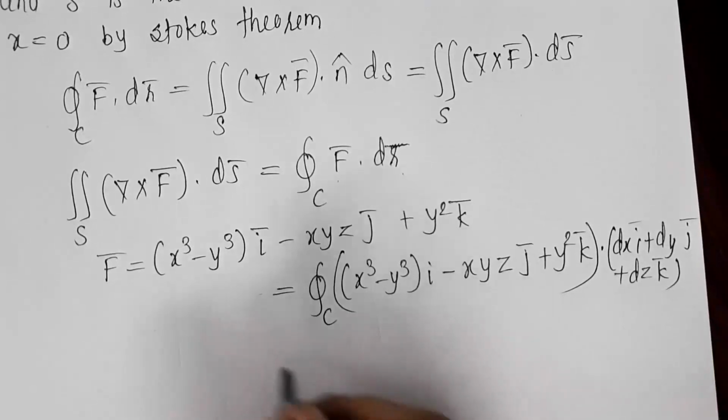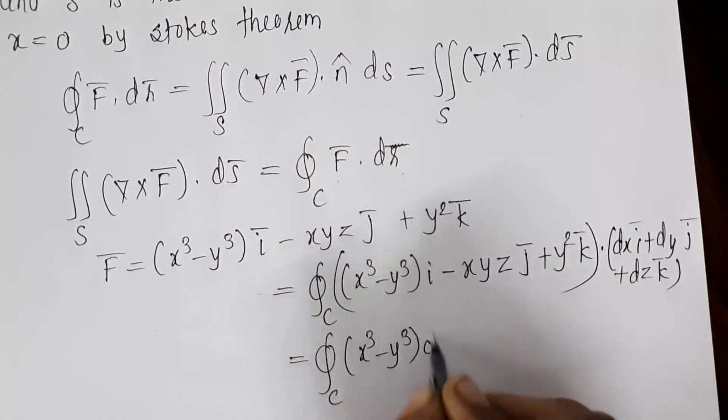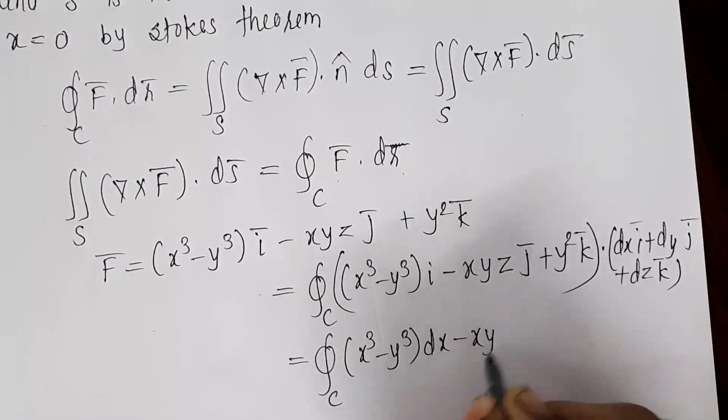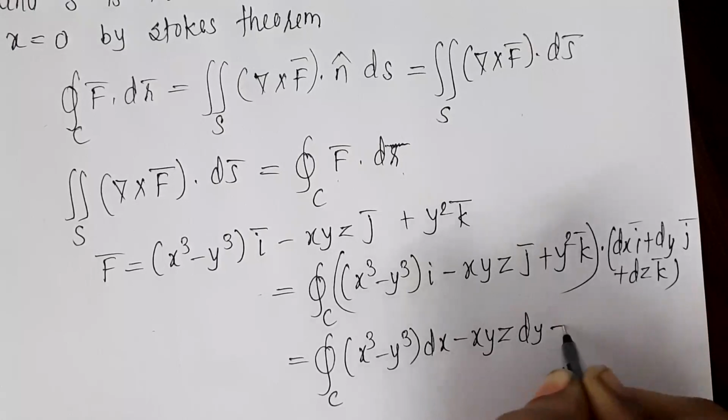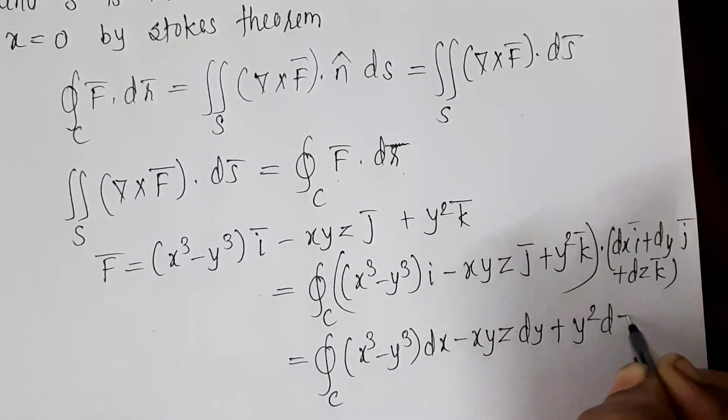To find its dot product, it becomes the integral over C of (x cube minus y cube) dx minus xyz dy plus y square dz.